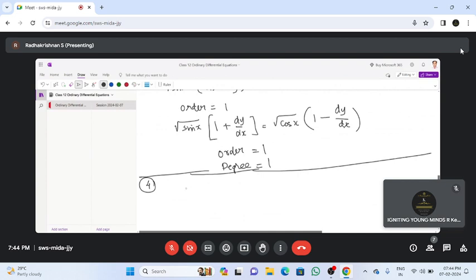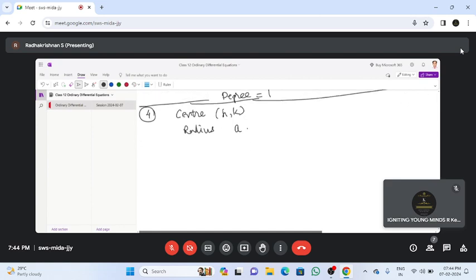Circles with center h, k, radius a. So what is the equation for the family of circles using these parameters?